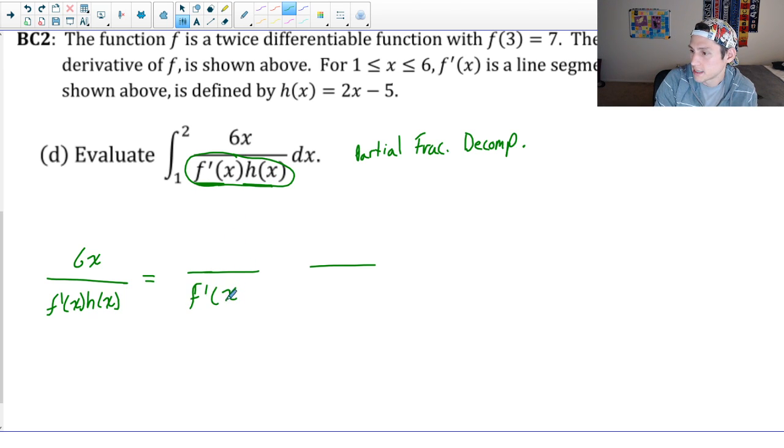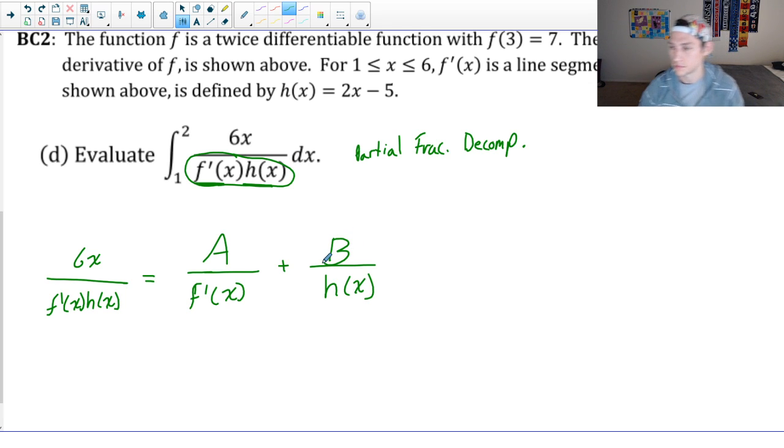So one of my denominators will be f prime, one of my denominators will be h. And what will the numerators be? I don't know. So we just call that A and B. Right, this is the start of our setup just for the partial fraction decomposition. We're not even worried about the integral yet.